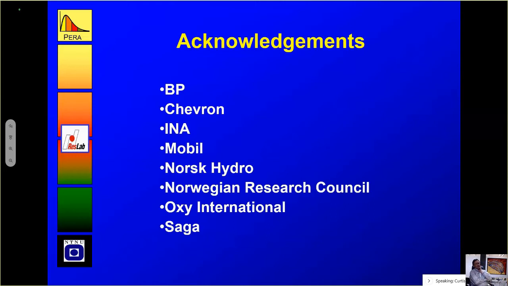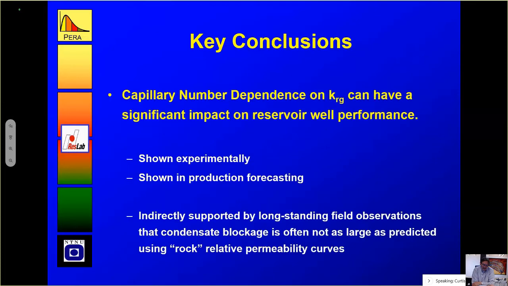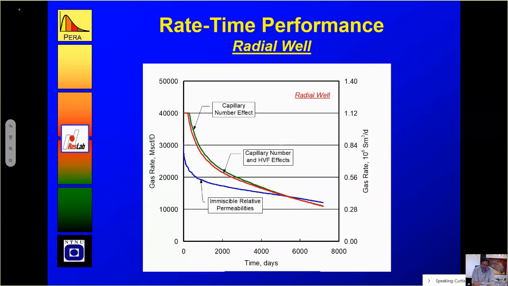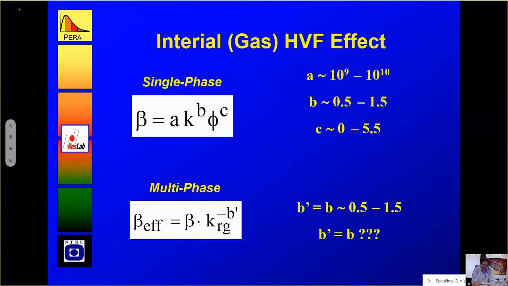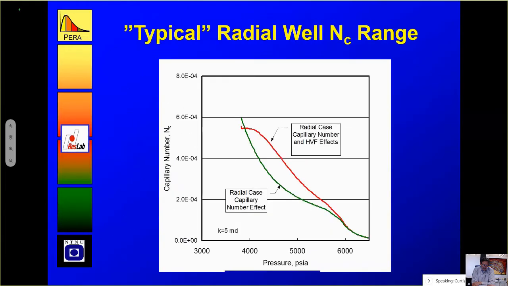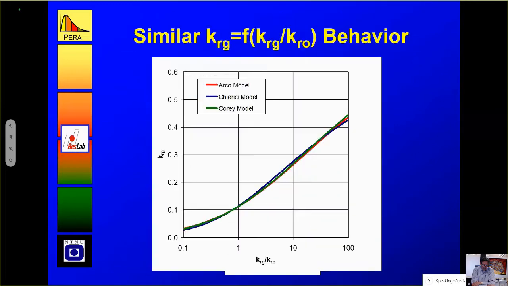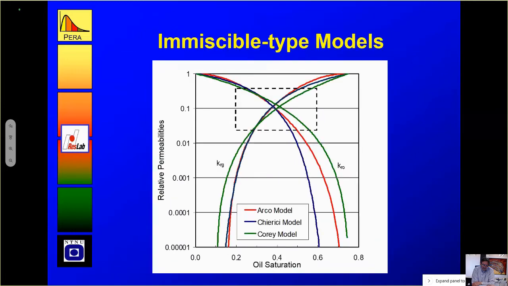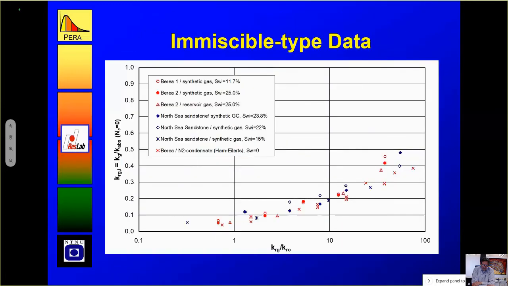Yeah. There was one figure where you showed the KRG versus KRG, KRO, that it's the same for all the different models, at least in the range of interest in the blockage region. This one?